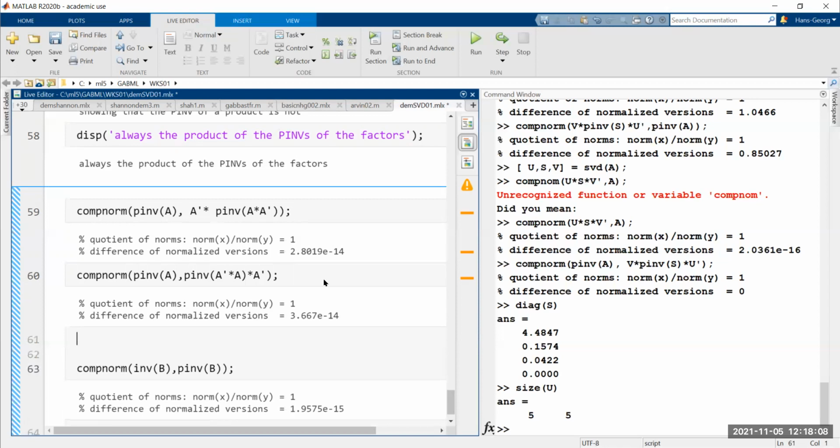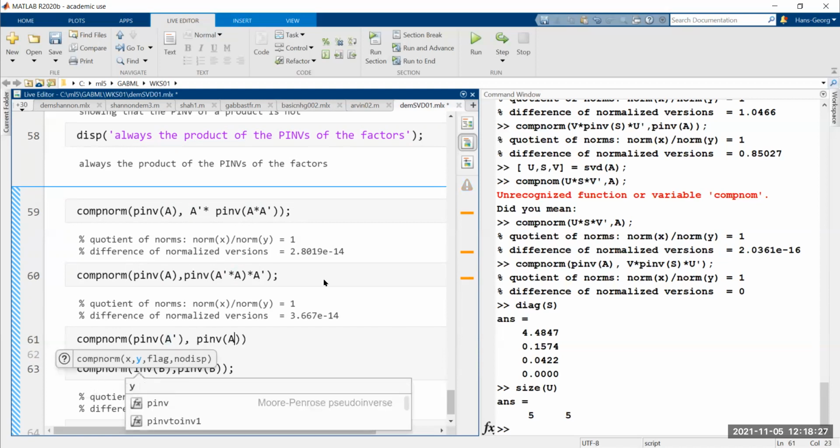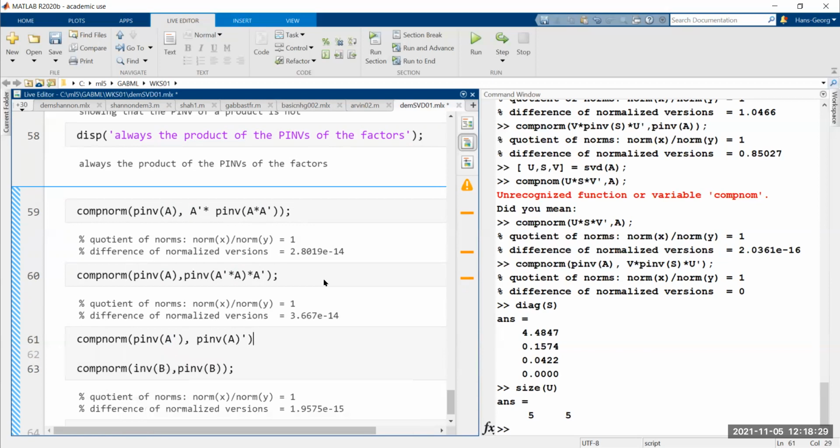Because in the case of dual frames, we would say that we take the first formula, but we are computing maybe two things. We can compute the pseudo-inverse of A prime, or we take the pseudo-inverse and then we take the transpose conjugate.